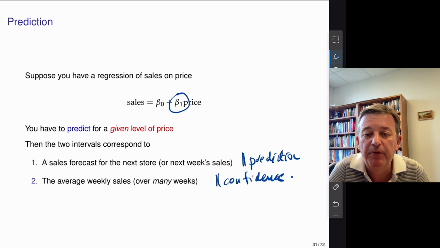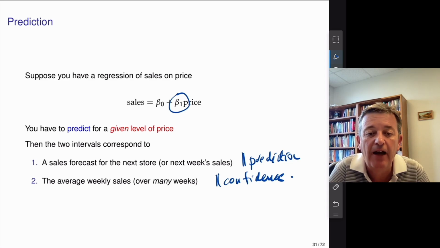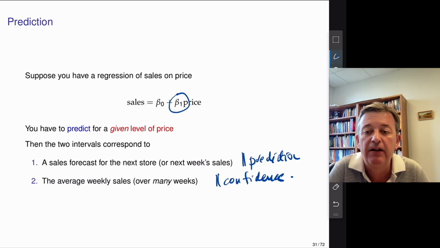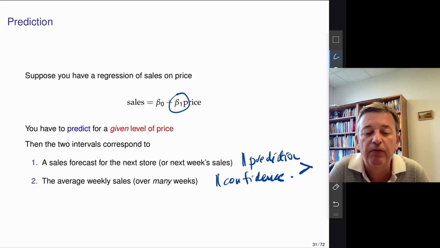If you wanted to predict the average weekly sales over many weeks, essentially you're just doing a confidence interval for sales hat. If you want to do the sales forecast for a particular store or the next store in a particular week, there'd be an extra error term that would be added here. And that extra error term has an extra variance sigma squared, so your prediction interval, remember, will be bigger than your confidence interval. And generally, it's prediction intervals that you want. You want to get the correct representation of uncertainty.